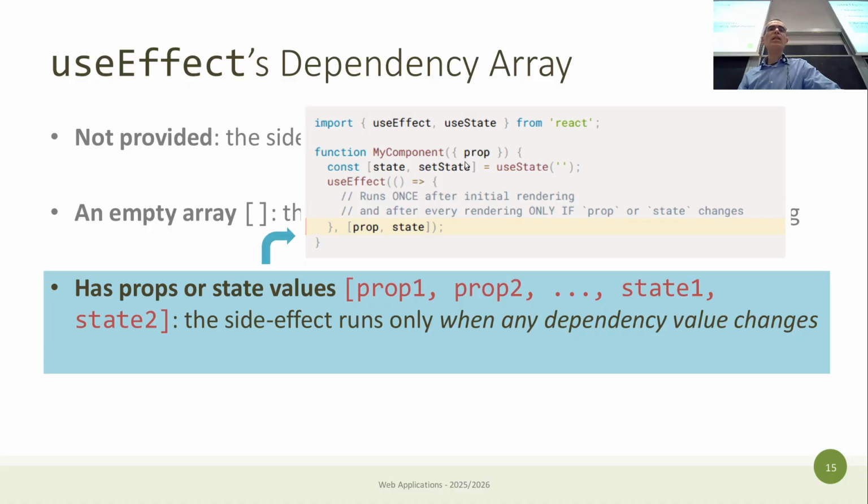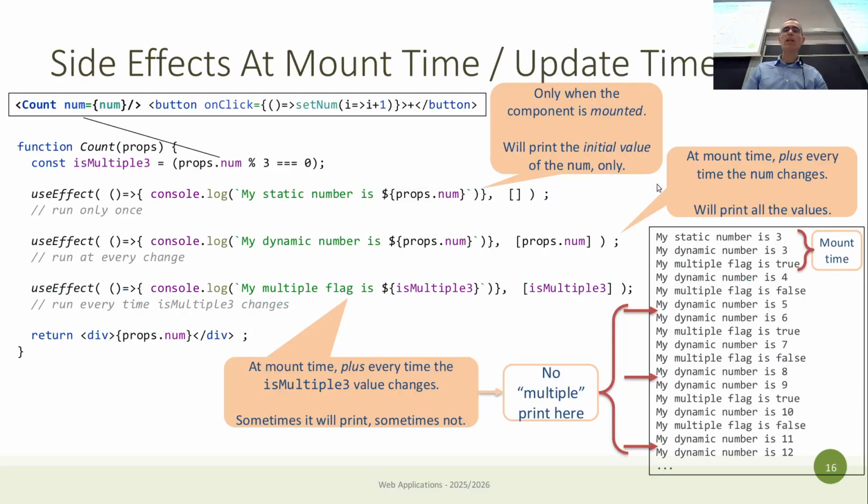This is just an example, a bit confusing, right? But anyway, some values that, if they change, the function and its code are executed again and again. And this also runs once after the initial render, so it runs once at mount time in any case. Good, so those are the three cases.